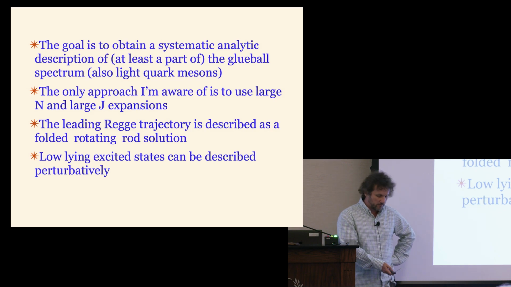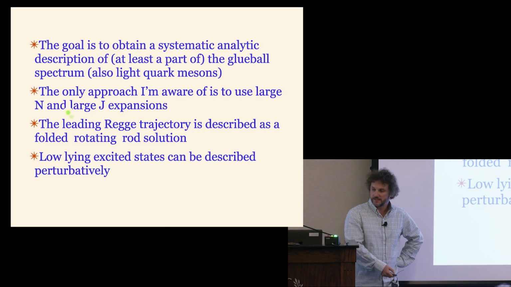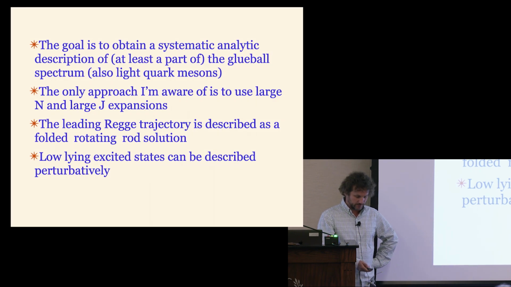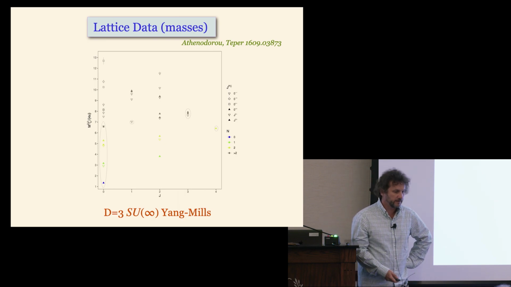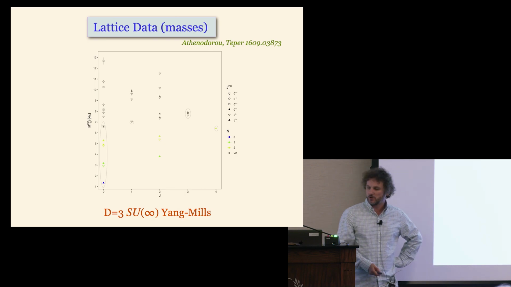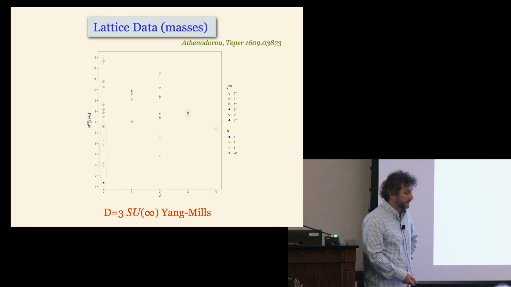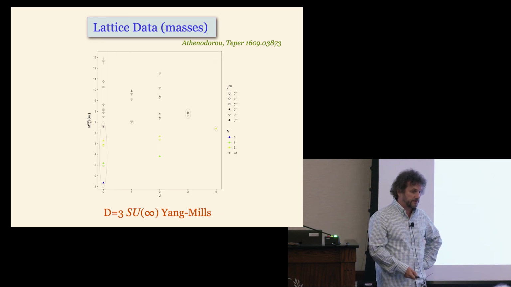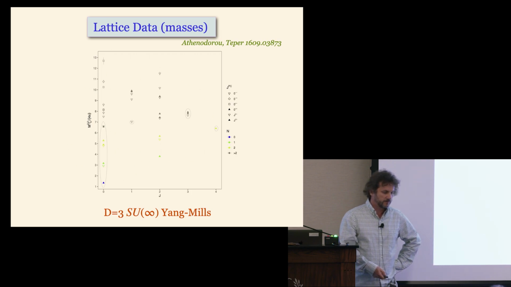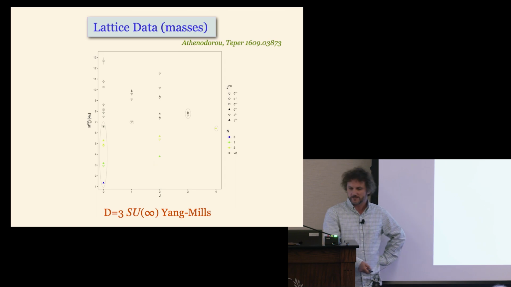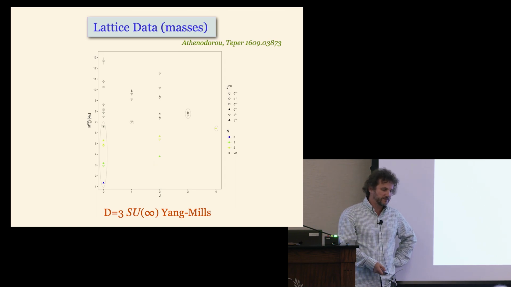As I say, much of the talk will be about 3D Yang-Mills, mainly because it's simpler, and the situation is more clear. Let me show you some data to illustrate. First of all, this is, to my knowledge, the most precise data on the spectrum of D equals 3. For practical purposes, this is SU(infinity) Yang-Mills.